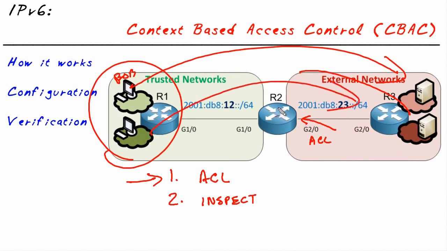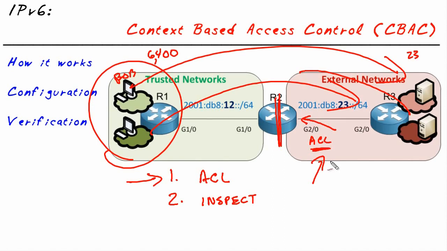If this R2 router can remember that Bob is initiating a connection from his IP address and is going to this Google server or some other server at port 23, if it can remember that session information, when the reply comes back, this is the magical part, even though there's an access list that otherwise would say deny it, if that session is remembered in the memory of R2, R2 will dynamically allow that return traffic in spite of the access control list that's present.